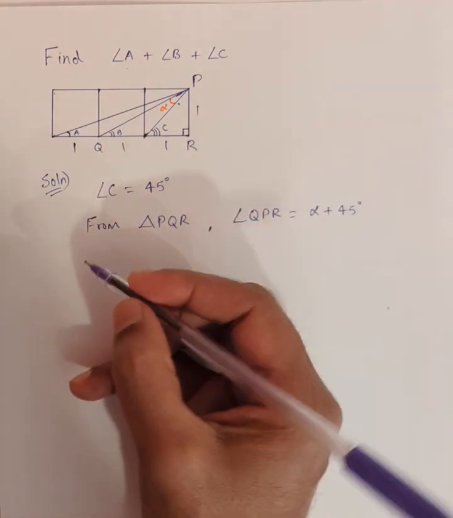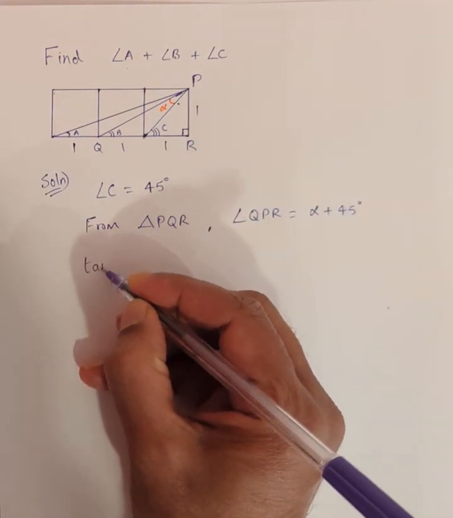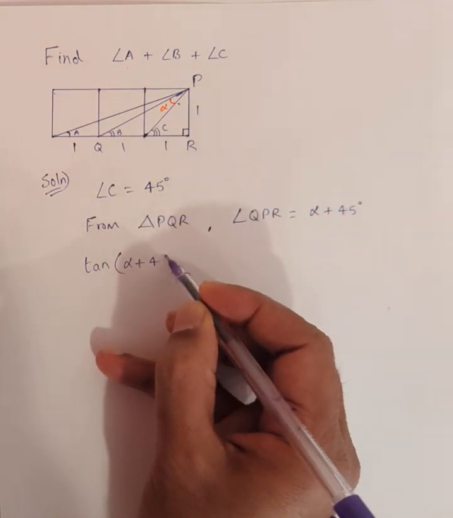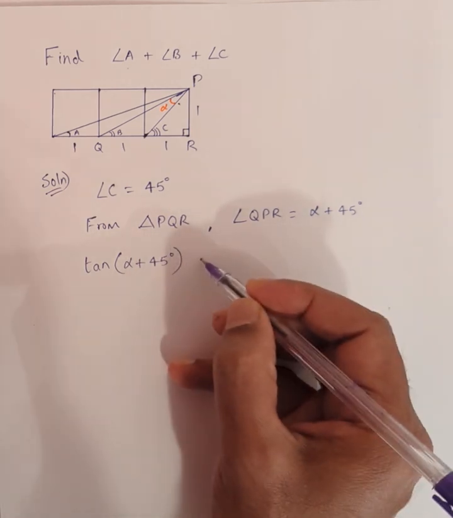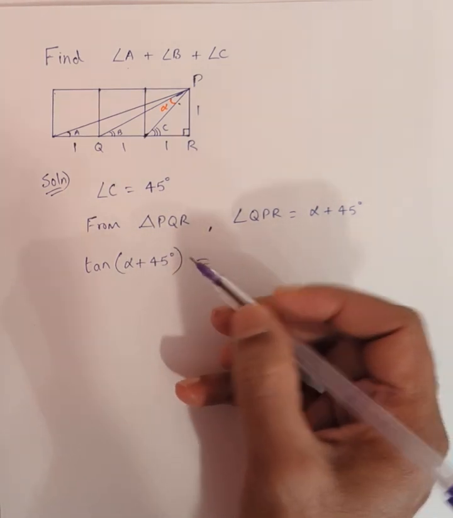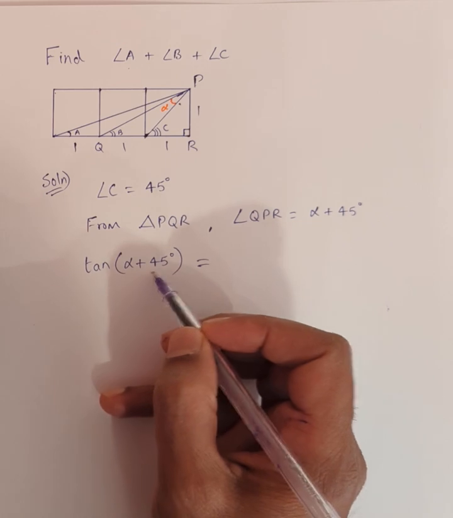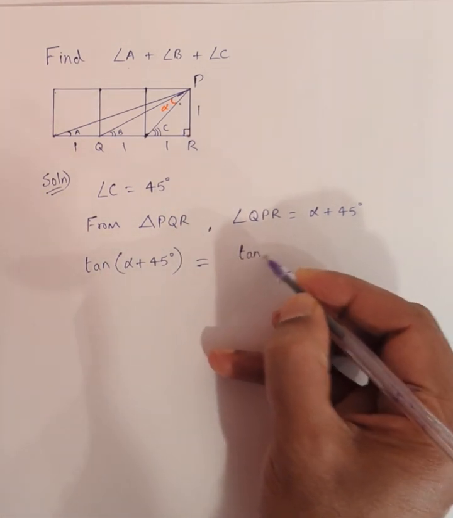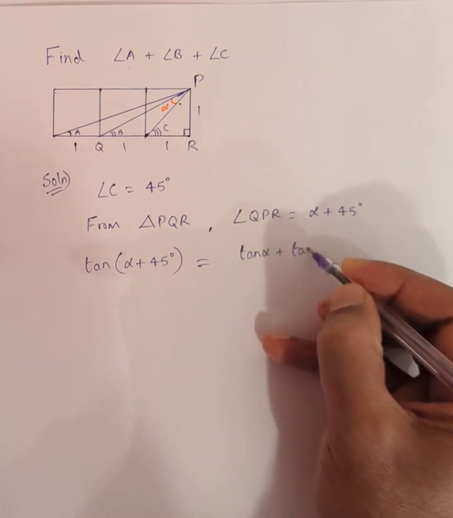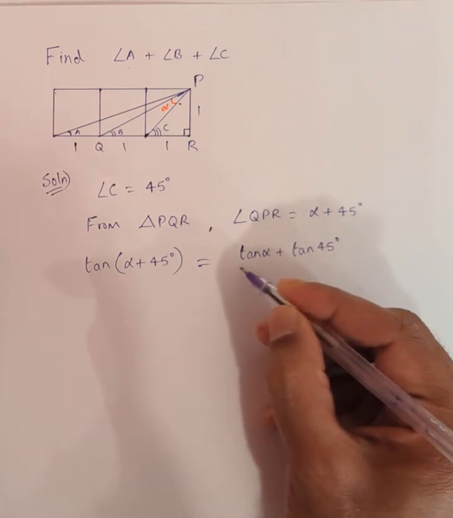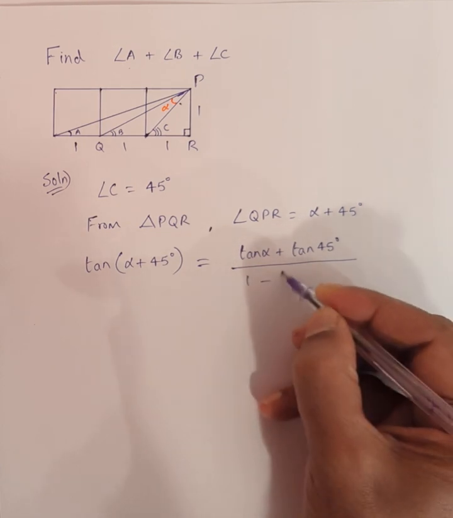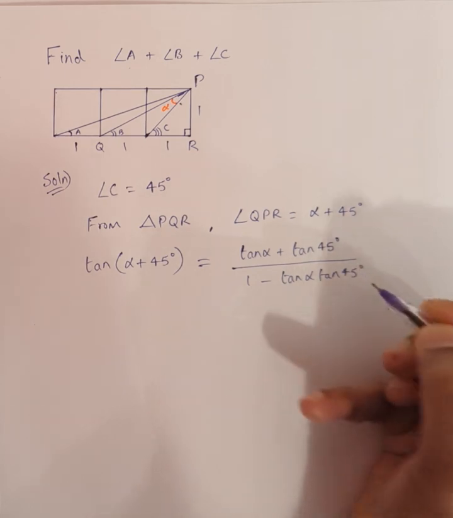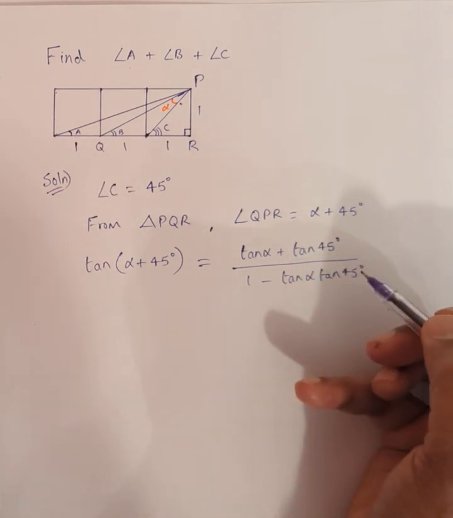And if I try to find tan of that angle, tan of alpha plus 45 degrees, I can apply the sum of tan rules: tan alpha plus tan 45 degrees, divided by 1 minus tan alpha tan 45 degrees. Now tan 45 degrees is actually 1, so that's nice.